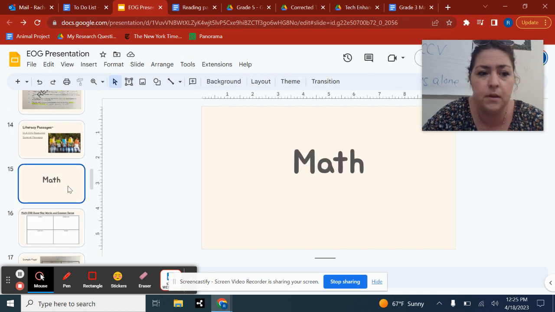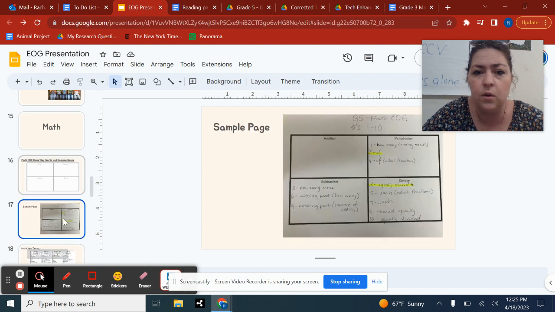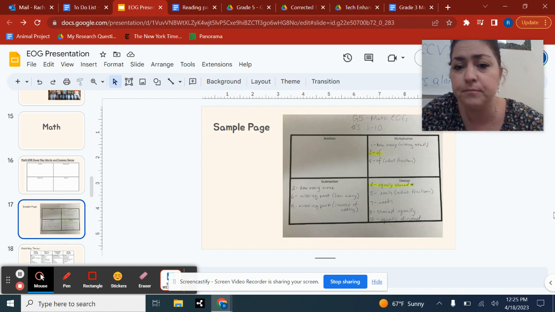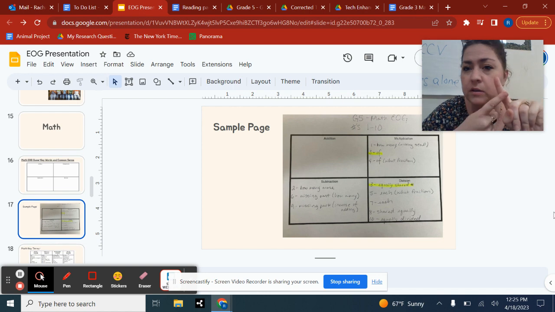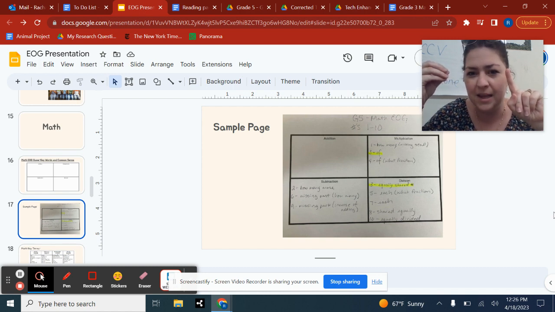Okay, math. So here we go. One of the things that I have noticed as I've been doing some math tutoring this year is there's kind of two sets of kids. There's the set of kids that just need exposure to keywords and what operations can be associated. I know that's not the best practice, but it is part of the game.